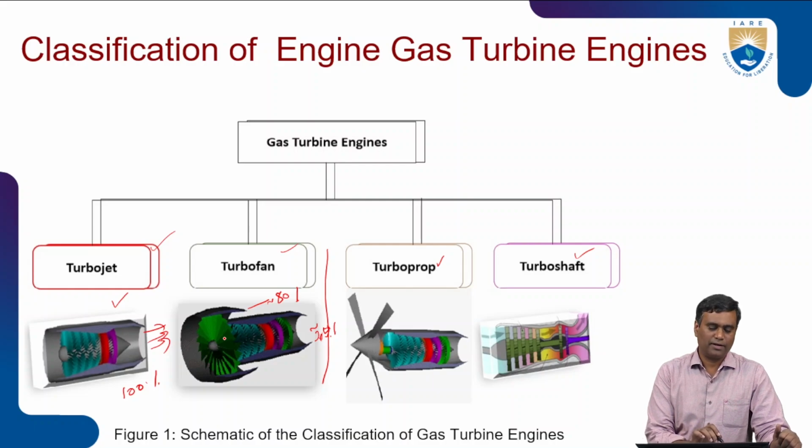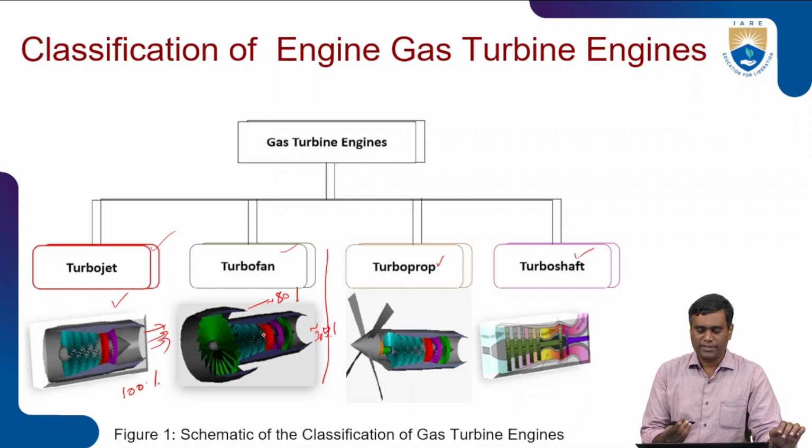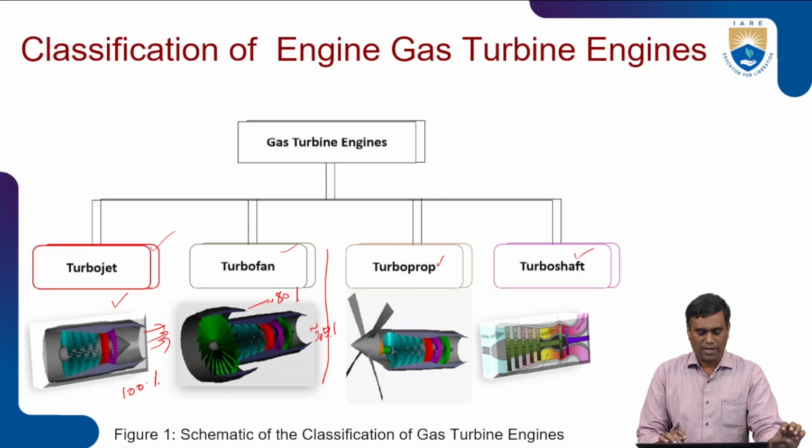We have also seen different types, like high bypass turbofan, low bypass turbofan, single spool, double spool or multi-spool, and with or without reduction gear. In this lecture, we are going to see turboprop and turboshaft, as said.